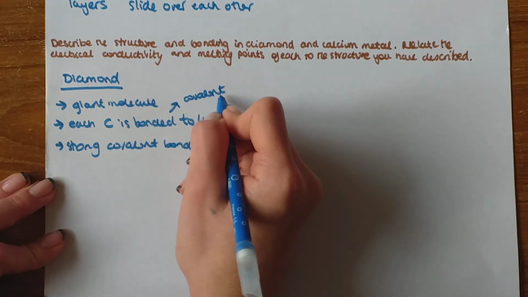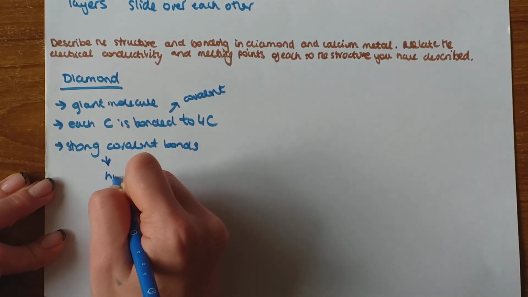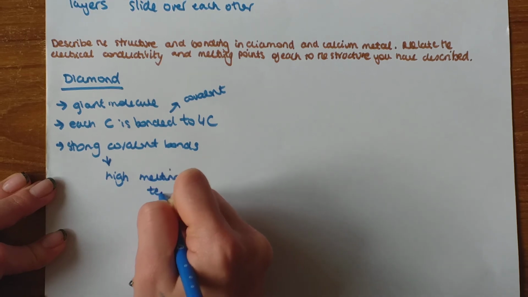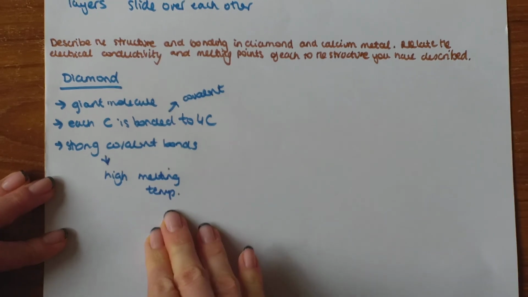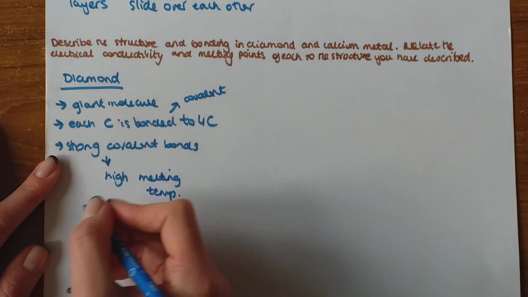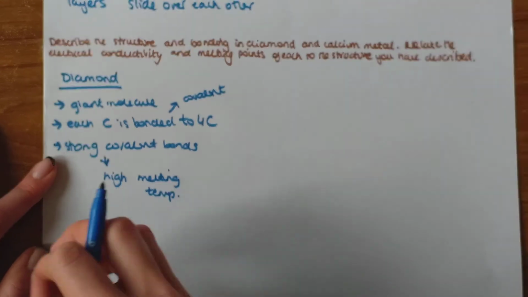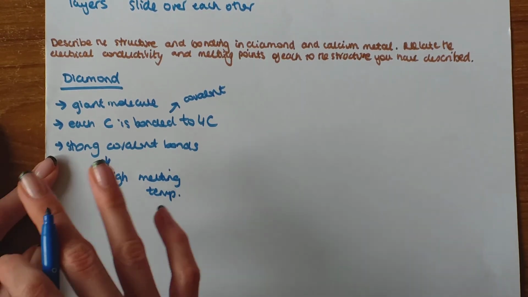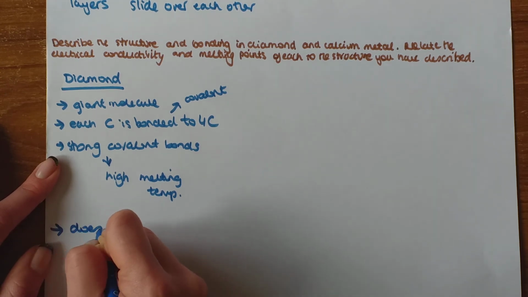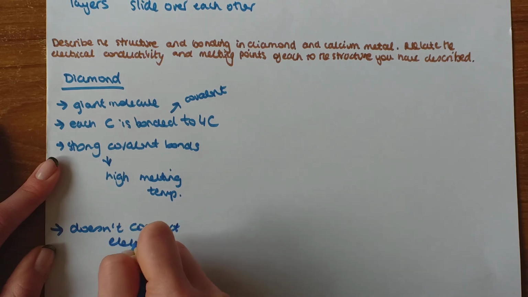Due to these covalent bonds, diamond has a high melting temperature. It needs a lot of energy for these covalent bonds to be separated. However, diamond is a strong solid molecule. It has no electrons flowing around, it has no ions flowing around, so it doesn't conduct electricity.